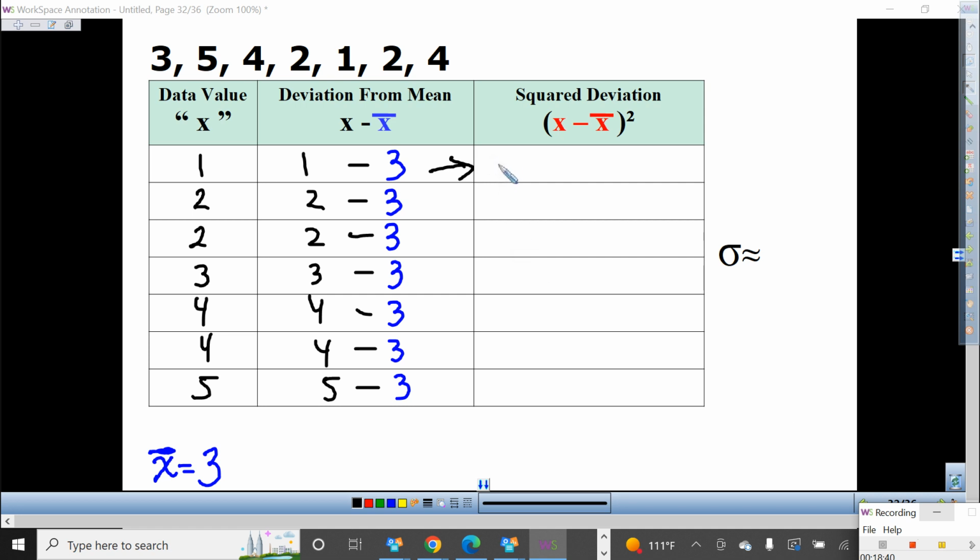Okay, help me out. Amy, go. -2, -1. All right. So far so good, yes? Next, put these in parentheses squared.